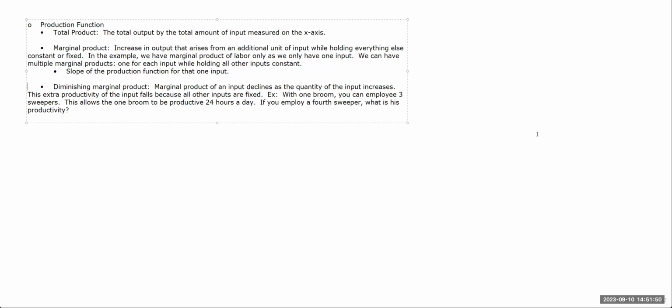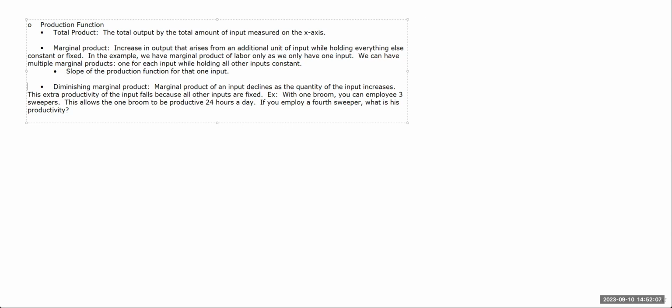Okay, so that's the production function. It's used to show you these ideas here, and we learned 3 new definitions. Now what we're going to do is move to the relationship between production function and cost curve.